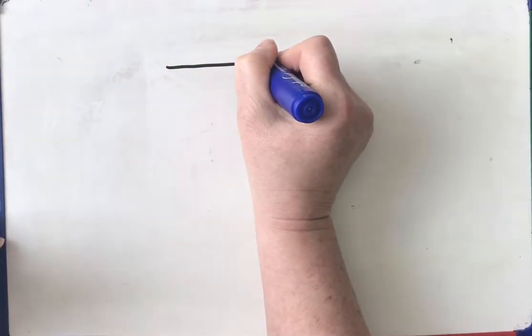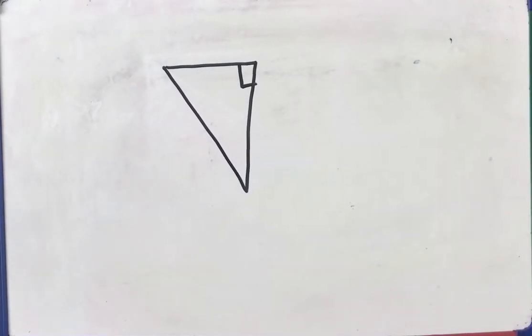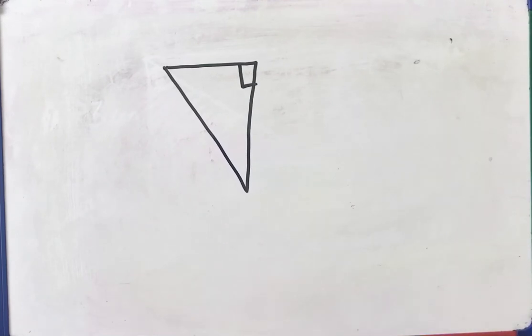Here's another one. If I had a triangle that looked like this, I'm going to make it a right angle triangle because that's all this video is concerned with. We'll do an isosceles one in a minute, but for now, just to get the idea around there, for the area of the triangle, always halve it.